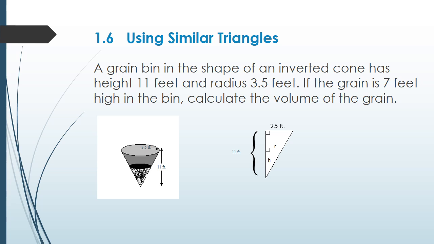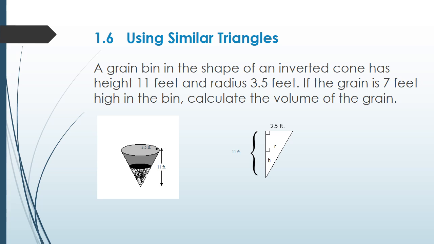We're going to use the fact, if you look at the picture on the right, that we have two similar triangles here. We know that the overall height, the big triangle, is 11 feet. We know the height of the smaller triangle is 7. We know that the radius, or that other leg of the bigger triangle, is 3.5 feet.